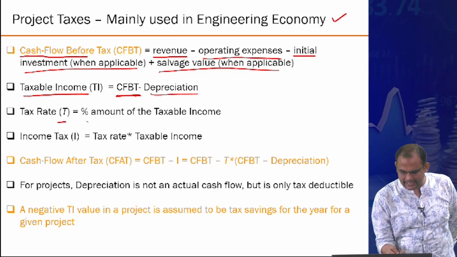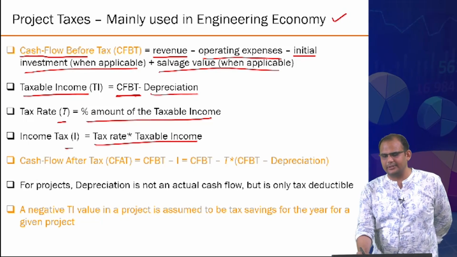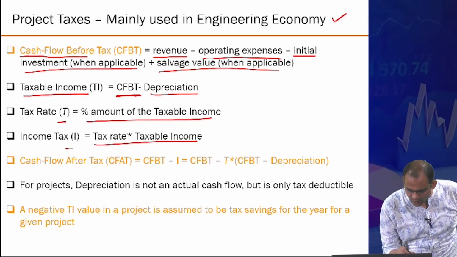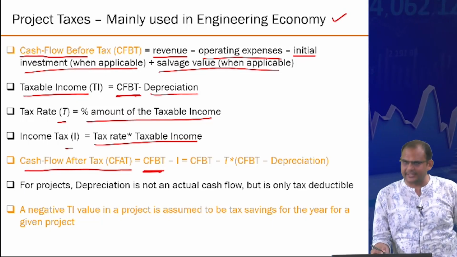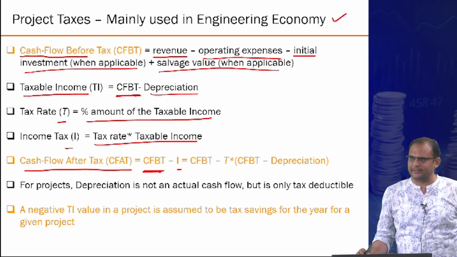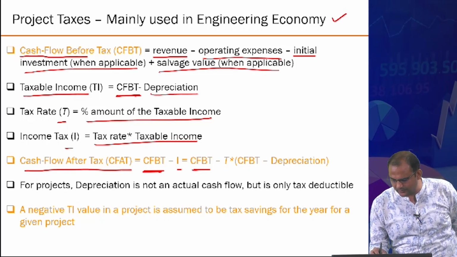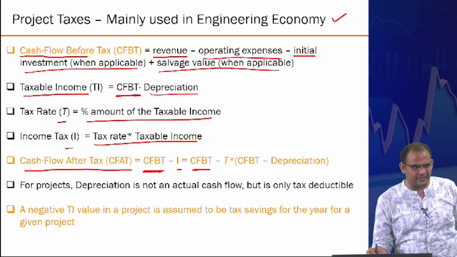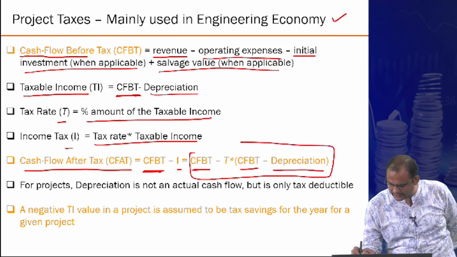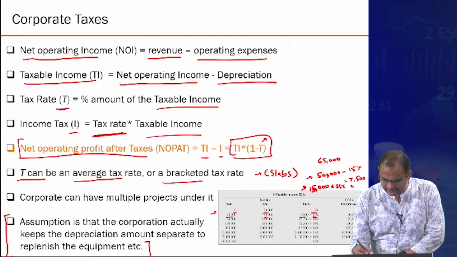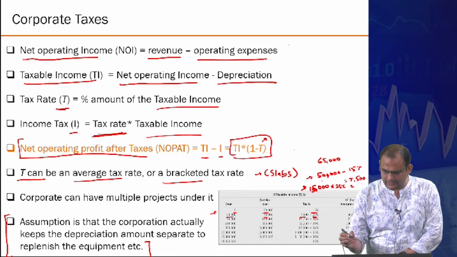Your tax rate, assume the same uniform tax rate, income tax is again tax rate into taxable income. Now cash flow after tax is cash flow before tax minus the income tax. So the formula becomes cash flow before tax minus T, which is the tax rate, into cash flow before tax minus depreciation. So this is slightly different than the simplified term that you were able to get here.